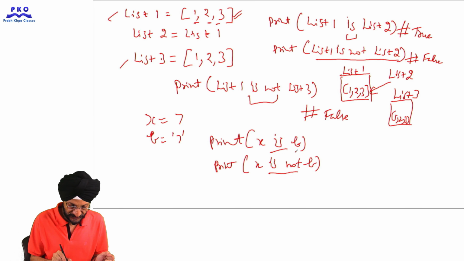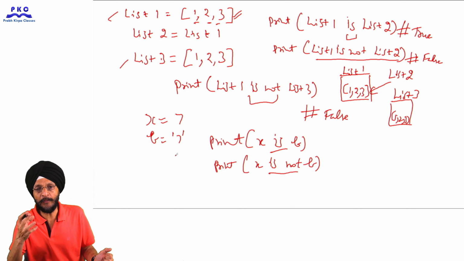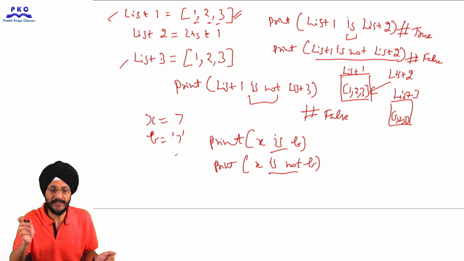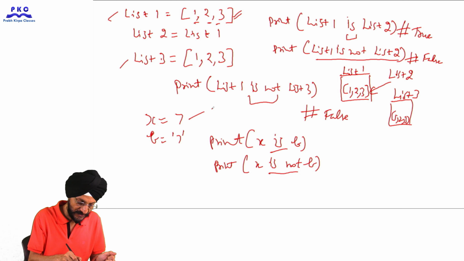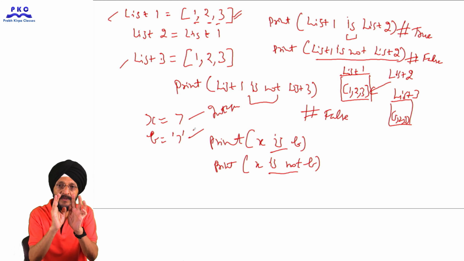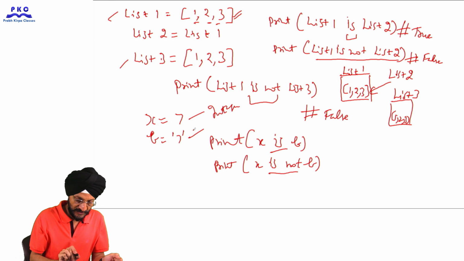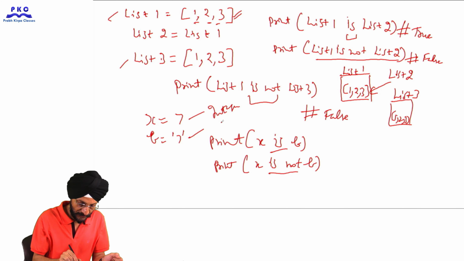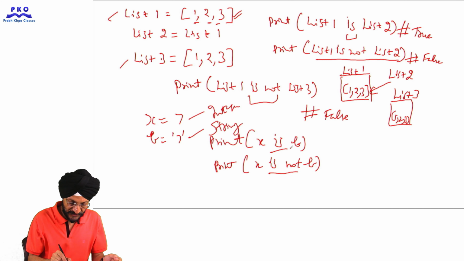If we say x is b, on a casual approach we will find that the value is the same, 7 and 7, but it is not the same. 7 here is an integer, but here it is in single quotes and it is a string. So x is b, the output is false.